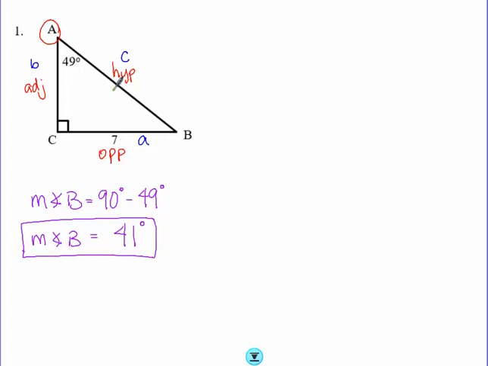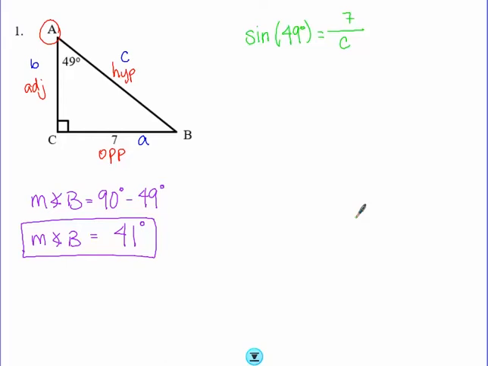So I want to think about SOHCAHTOA. Which one, sine, cosine, or tangent, uses opposite and hypotenuse? Well, that's sine. So I can write an equation, sine of angle A, which is 49 degrees, equals opposite, which is 7, over hypotenuse, which is side C. So now I just need to solve this.